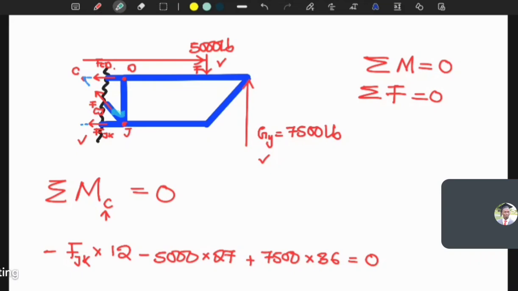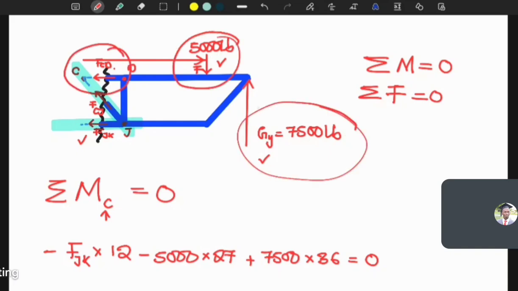The force FCJ passes through J, meaning it does not cause any rotation about J. The force FJK also passes through J, so it will not cause a rotation about J. Notice that now the only forces that will cause a rotation about the point J are FCD, the 5,000, and the 7,500.